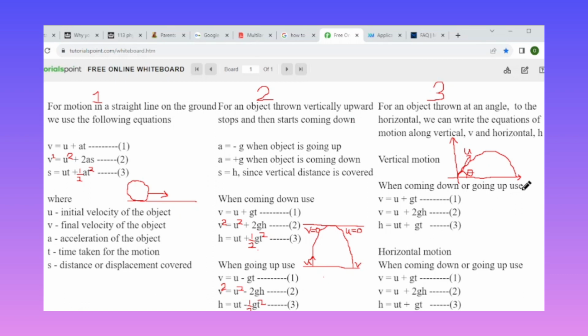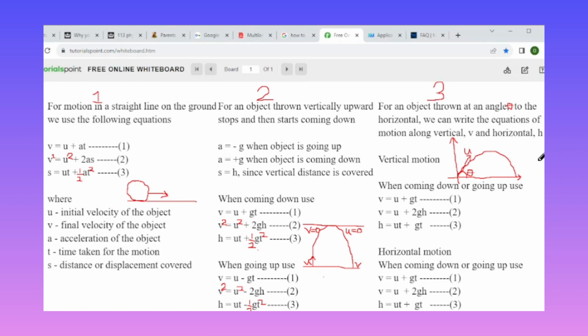Case 3, that is when we have an object thrown as shown in the diagram here. That is, the object is thrown at an angle to the horizontal. For an object thrown at an angle theta to the horizontal, we can write the equations of motion along the vertical v and along the horizontal h.